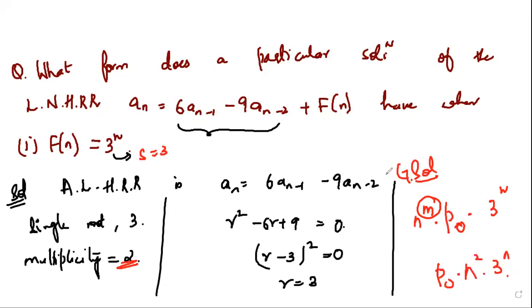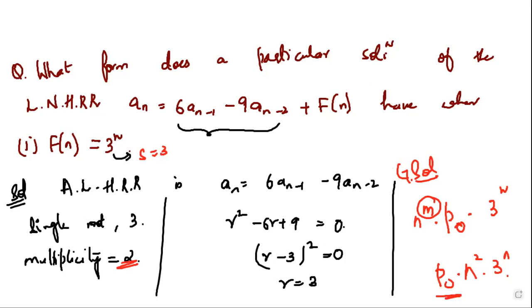This is the solution. Once again, since we do not have any polynomial in n except the constant, considering 1 times 3^n, I am taking only one term here, which is p0.